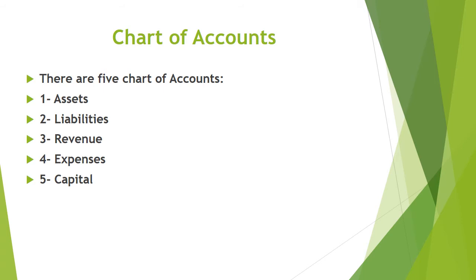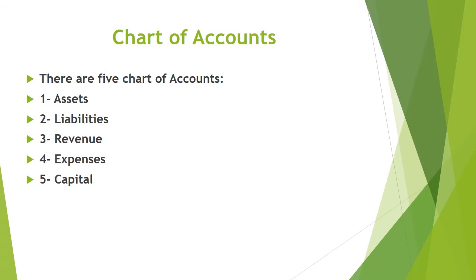And there are many kinds of assets, and many kinds of liabilities. Revenue is sales revenue and services revenue, and expenses include indirect expenses, direct expenses, and many other types of expenses. And capital has many types.